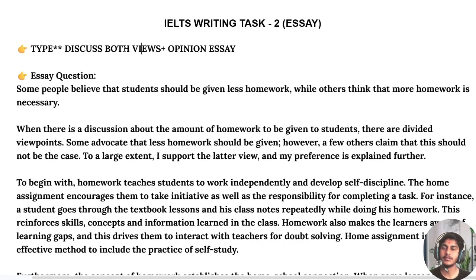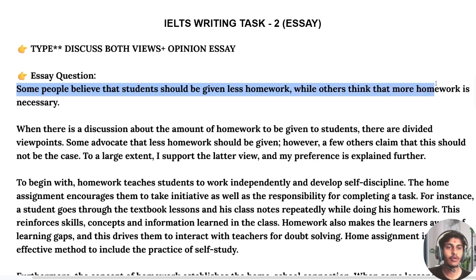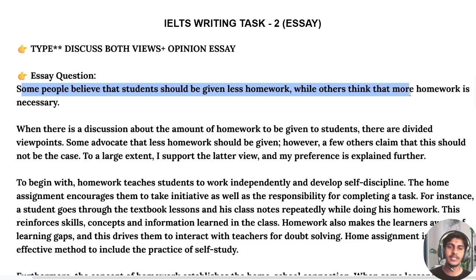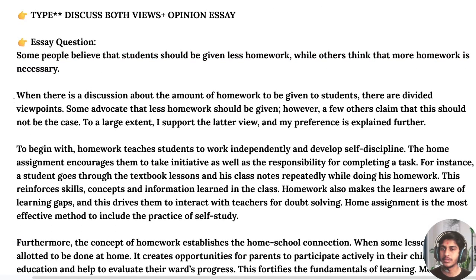So the essay question is: some people believe that students should be given less homework, while others think that more homework is necessary. So start with the introduction.